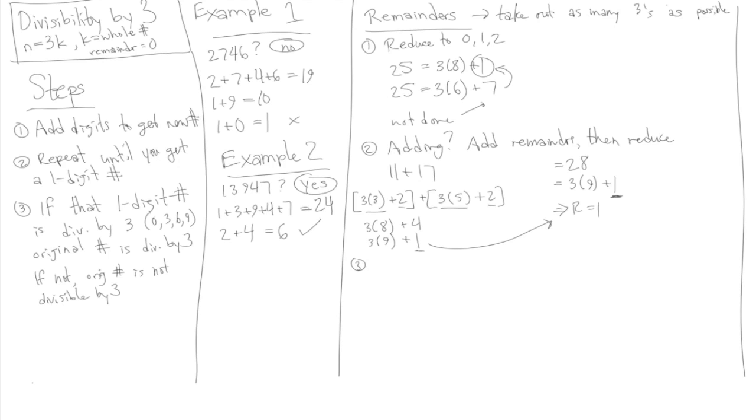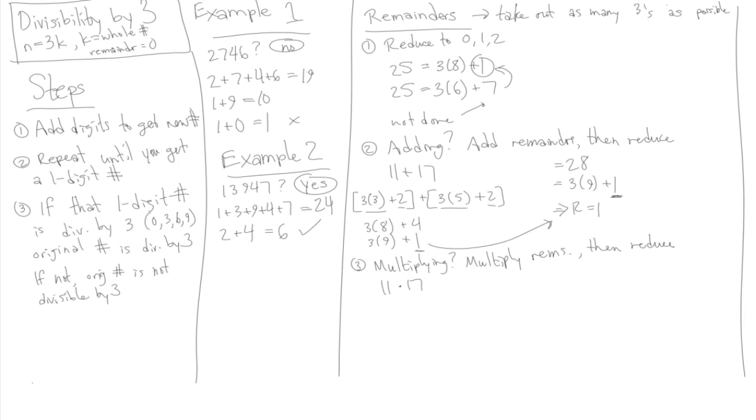Now, when we're multiplying, it's similar. Just like when we were adding, we added the remainders then reduced. When we're multiplying, we're going to multiply the remainders, then reduce. Let's use 11 and 17 as an example again. 11 times 17.